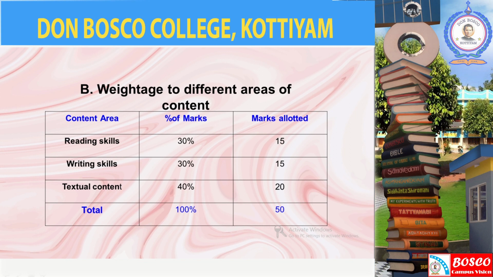In this particular test, the various content areas I selected are reading skills, writing skills, and textual content. So 30% marks is given to check the reading skills, again 30% to check the writing skills, and the rest 40% to check the textual content. So the marks are distributed in such a way: 15 marks for reading skills, 15 for writing skills, and 20 marks for textual content.